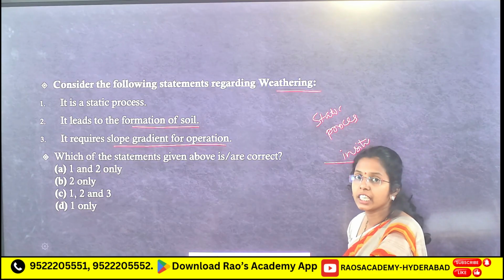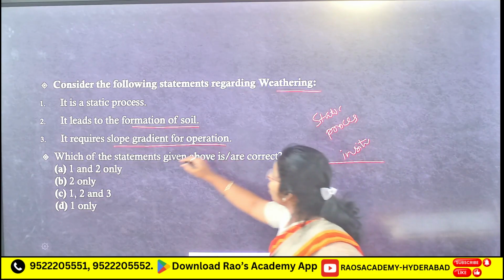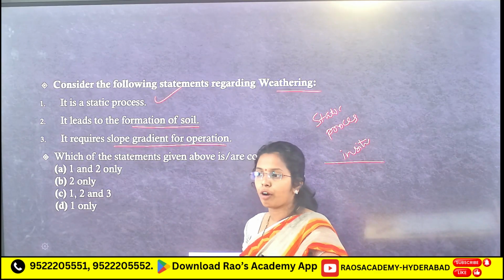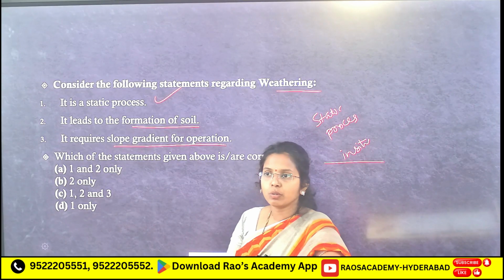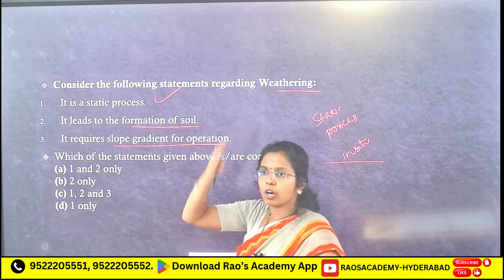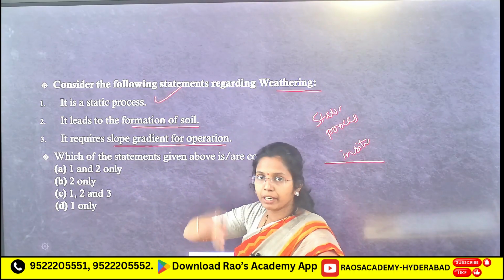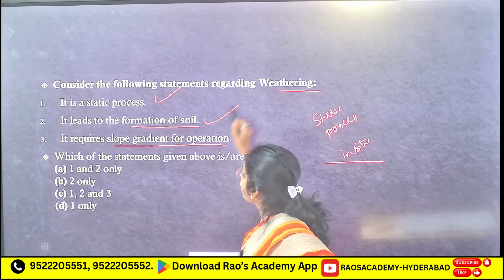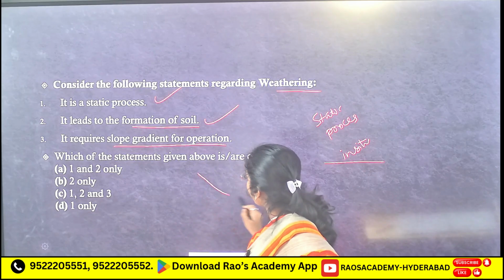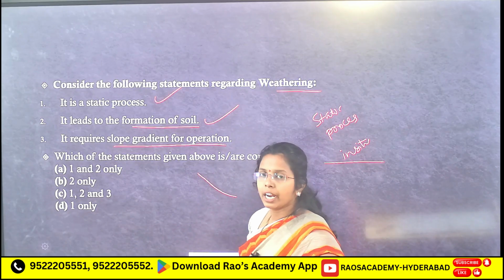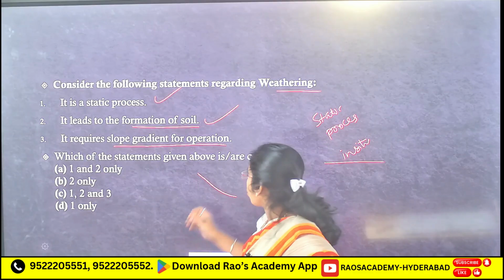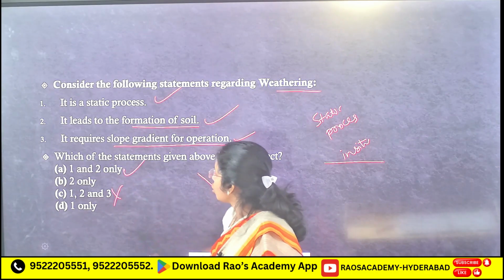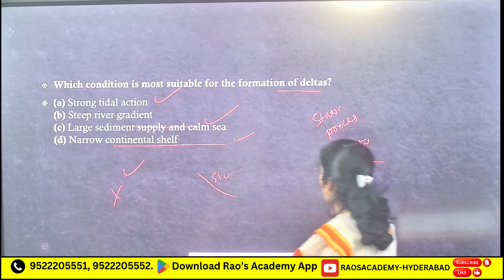You do not see any transportation. So one is correct. It leads to formation of soil, yes. After weathering, you will see other processes; after weathering of bedrock only, you will see formation of soil. It requires slope gradient for operation? No. It is an in situ process, so there is no need of any slope gradient for operation. So 1 and 2 is the correct answer.